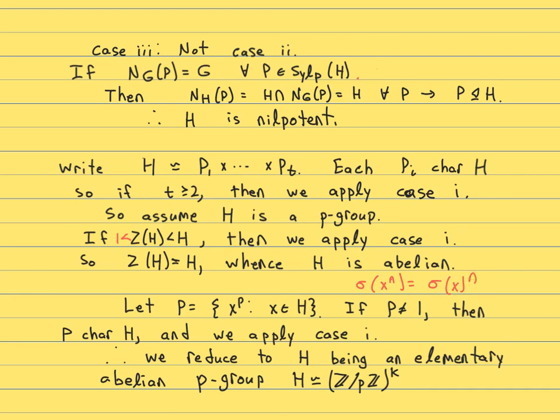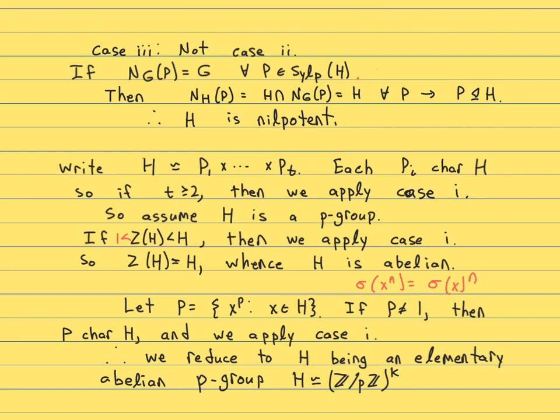So certainly any automorphism is going to send sigma x of P to sigma of x to the P, and you're going to see that it's going to send this set to itself. And so you can apply case 1 to this case. So we must be in the case that we have an abelian P group where this set is 1, which means that every element to the pth power must be the identity. This is what they call an elementary abelian P group. And elementary abelian P groups are just Cartesian products of the prime cyclic group.